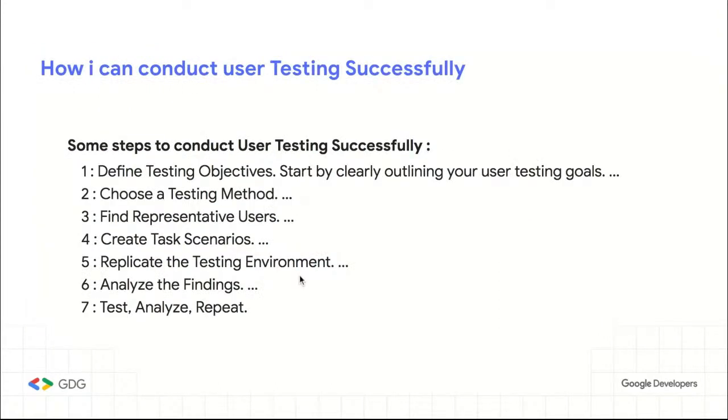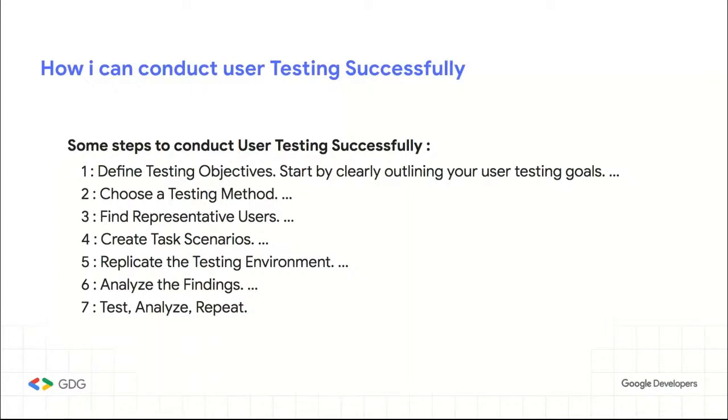The question that I always receive is how I conduct user testing successfully, and this is a quick answer for this. Some steps to conduct user testing successfully: first, define testing objectives and goals. Start by clearly outlining your user testing goals.